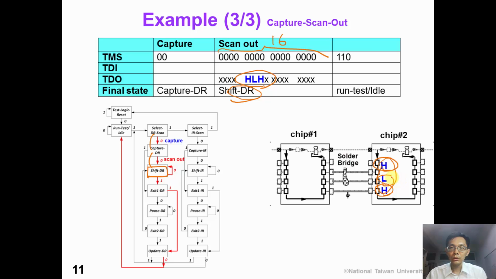After we shift out the test data, we can now apply a sequence of 1, 1, 0. At the end of this test, we are now in the run test idle state. This finishes the external test between chip number 1 and chip number 2.